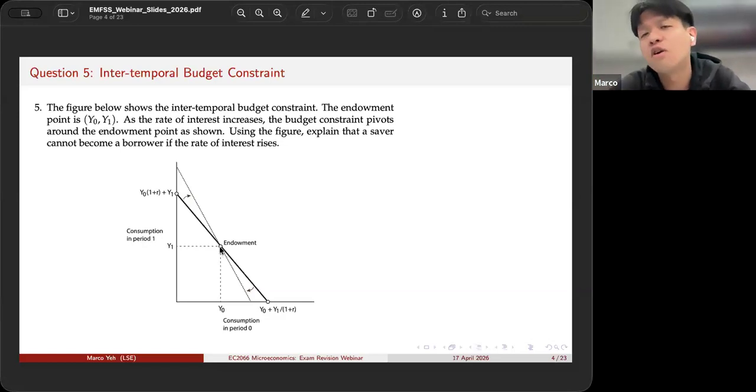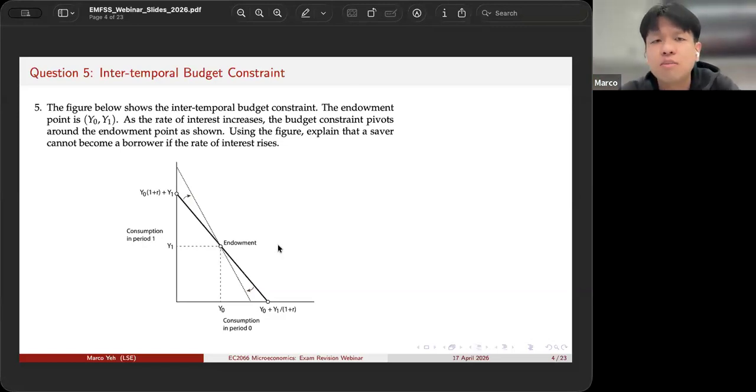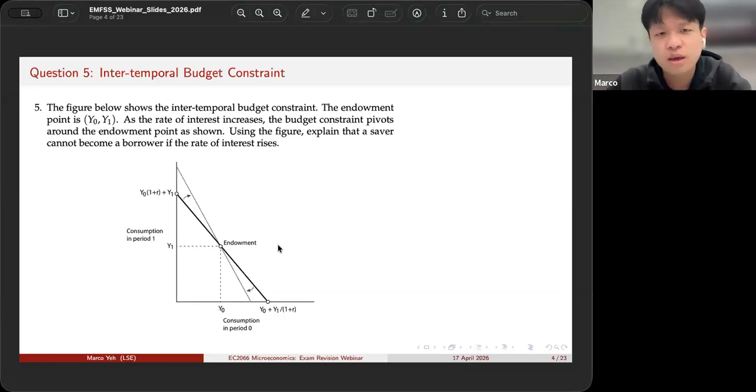This should be an affordable bundle for my intertemporal consumption decision. Okay? But I can actually do something else. Suppose I want to eat more than the income in period 0, which means that consumption in period 0, C0, I want it to be greater than Y0. Would it be possible?